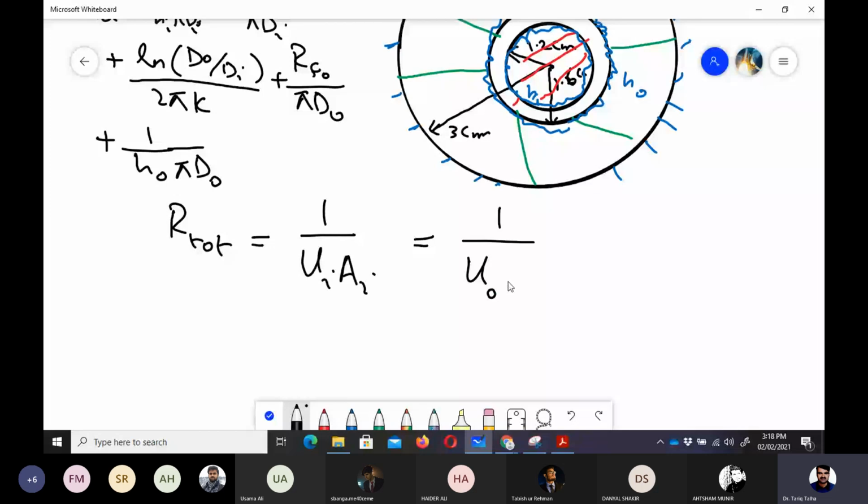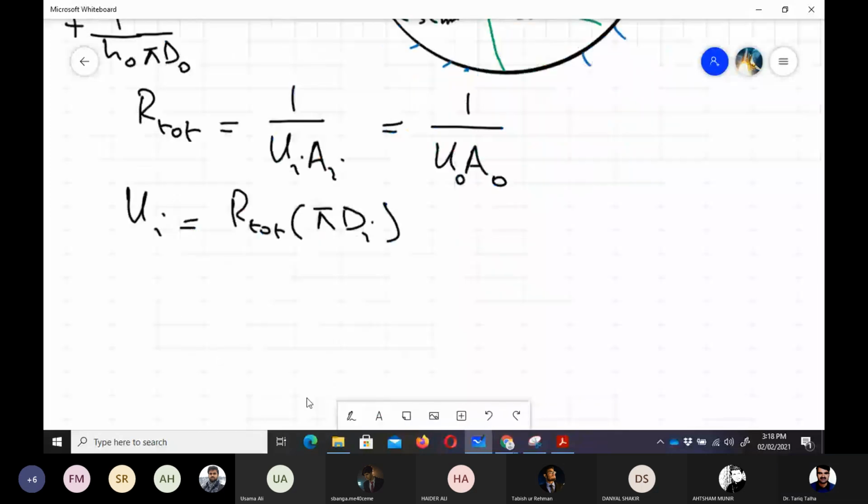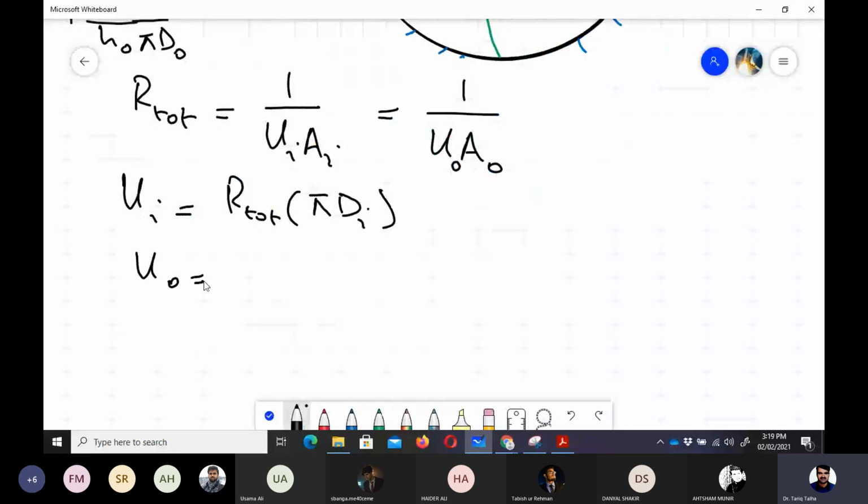So this is the overall heat transfer coefficient based on the internal surface area, and this is the overall heat transfer coefficient based on the external surface area of this pipe. So if we calculate Ui, that would be equal to R total into pi di, and similarly U outer would be equal to R total into pi d outer, right? So we can calculate this.